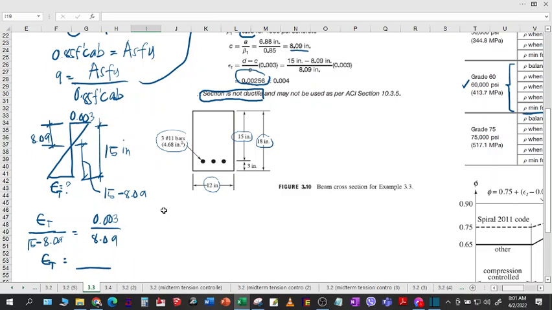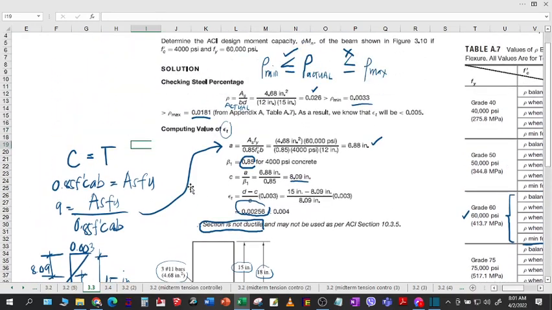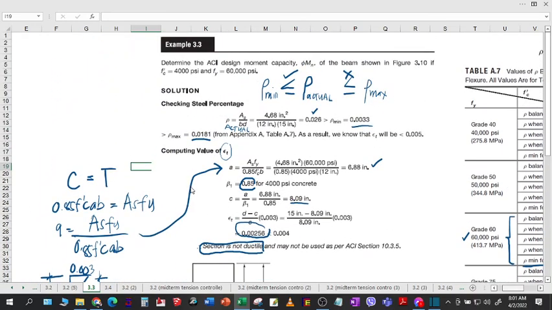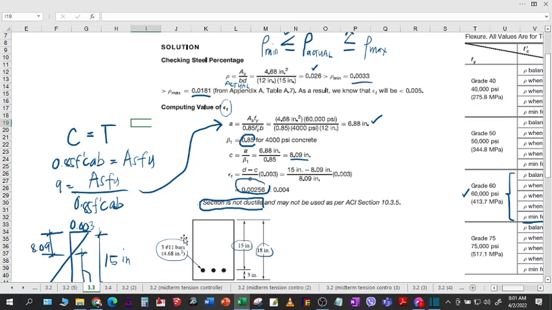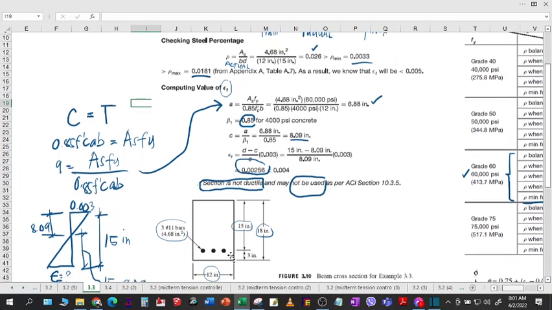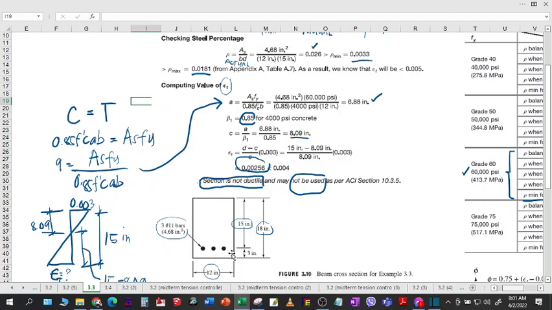So that is how to solve this problem. We cannot calculate the capacity phi Mn because this section is not permitted, may not be used by ACI, because if you use this section, during failure conditions it will directly crumble down and collapse. Unlike the tension controlled design, wherein it will still show warnings such as deflection, cracking, and vibration.